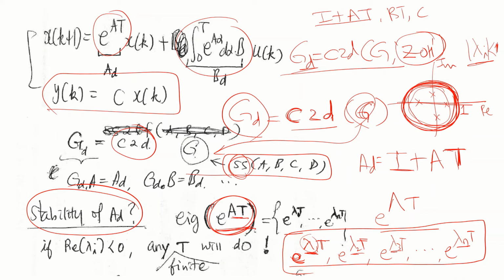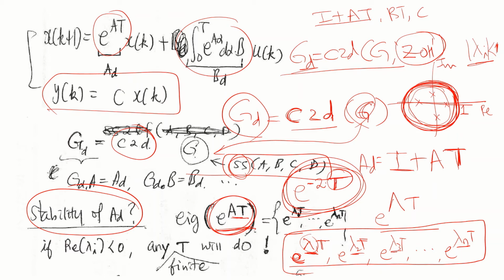Say this λ is a negative number like -2T. Then we know this becomes 1 if T becomes 0, and if T goes to infinity, it becomes 0.